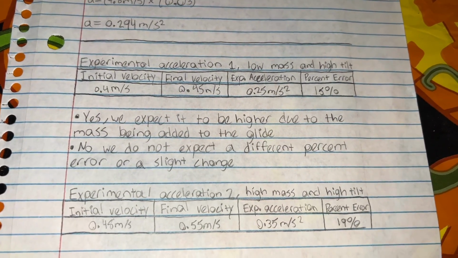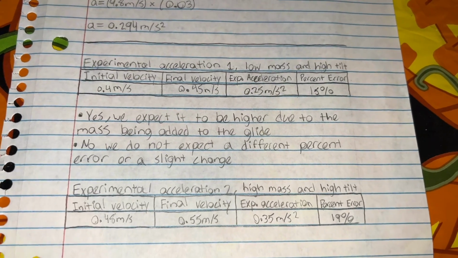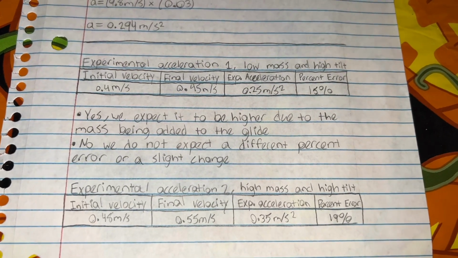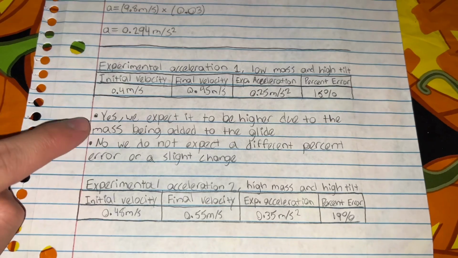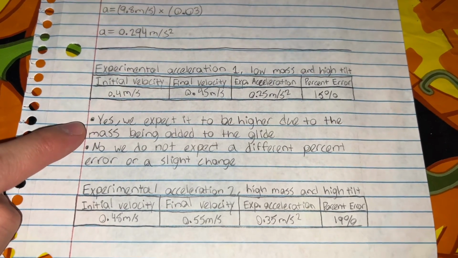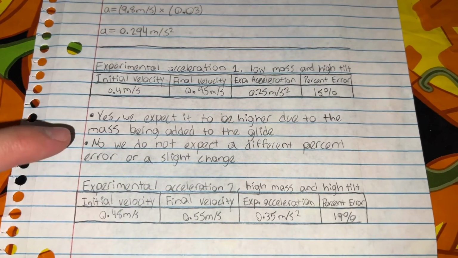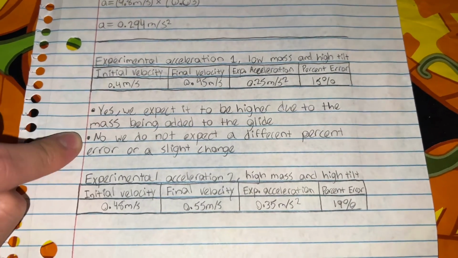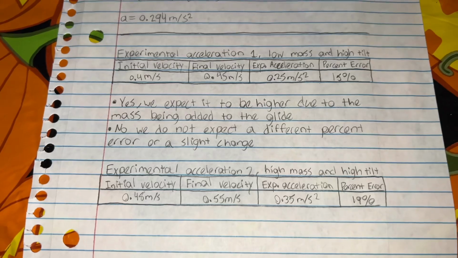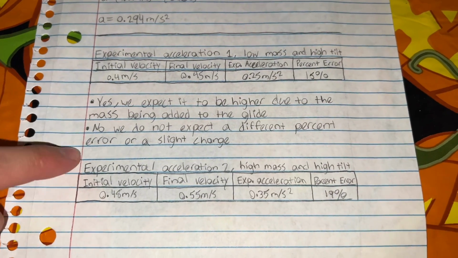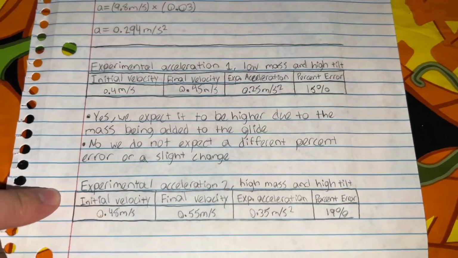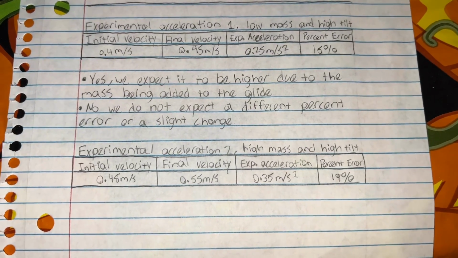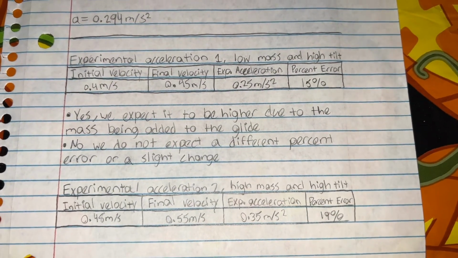So we were partially correct. We expected the acceleration to be different, which it was. And then the percent error, 4%, it could be massive or not. It's all subjective, but we were expecting it to change slightly, not by a factor of 20% for the percent error, thankfully.